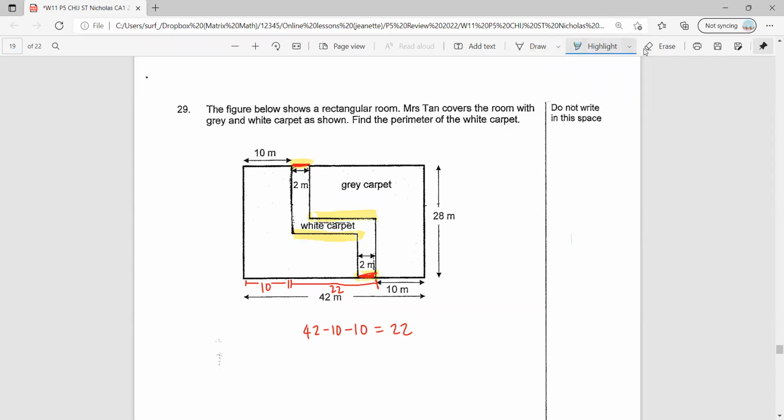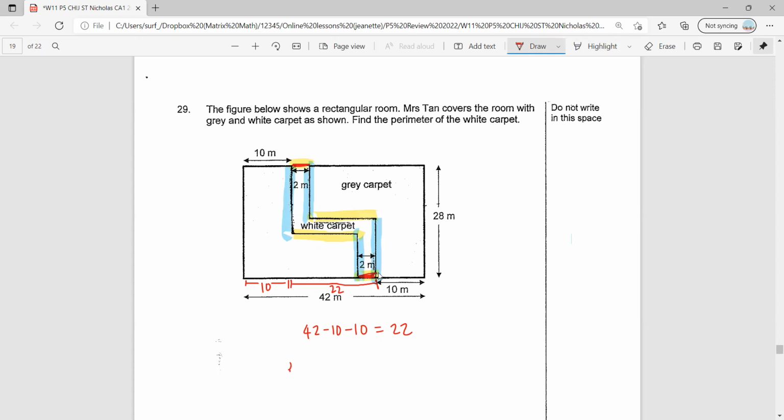Okay, then this one plus this one is 28. This plus this is also 28. Because when you push this out, it actually forms one straight line, which is 28. If you push this out, this is also 28.